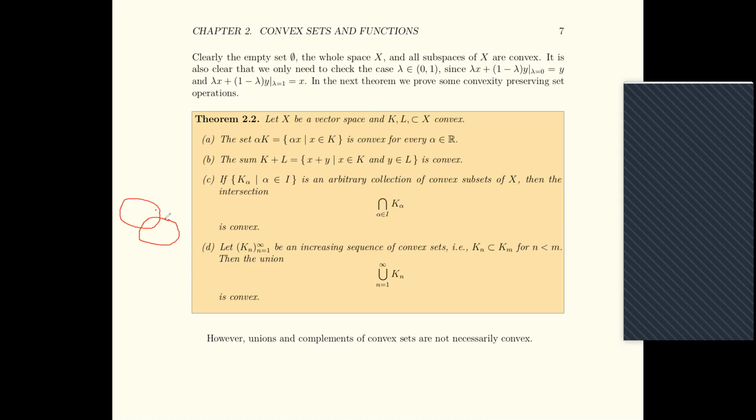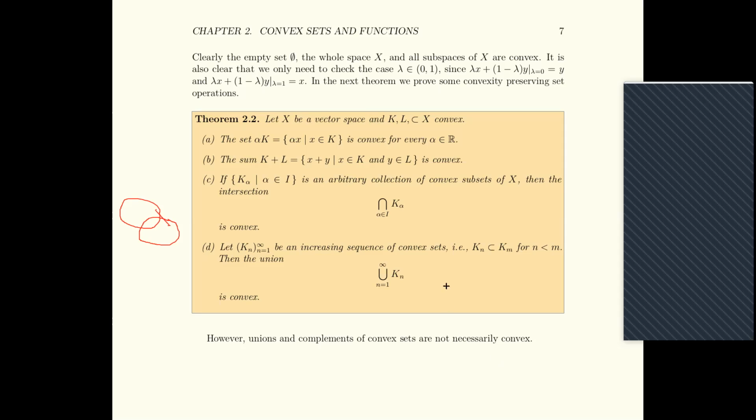If I take a point here and a point there, and I draw a straight line between those, then I notice that at those points over there, it goes outside the set. So the union of two convex sets is not convex. The intersection is, that's the region at the intersection there. That is convex, but the union is not.